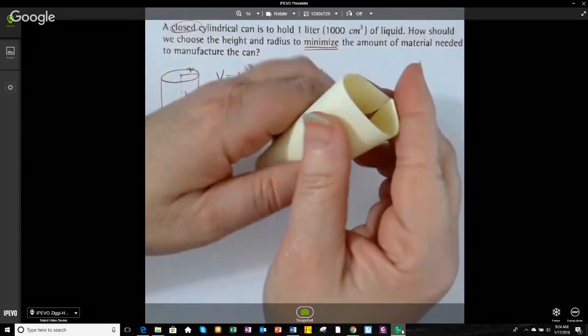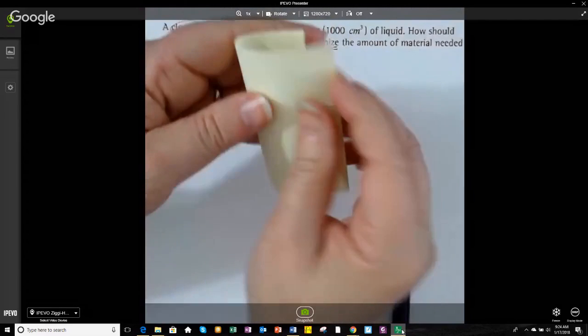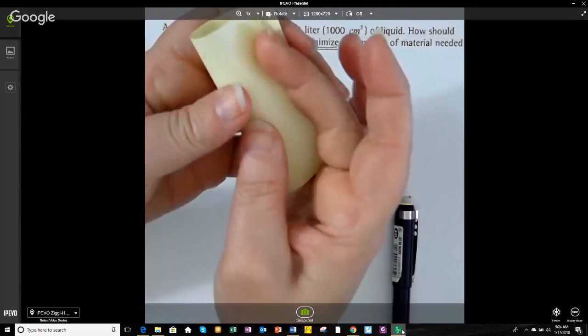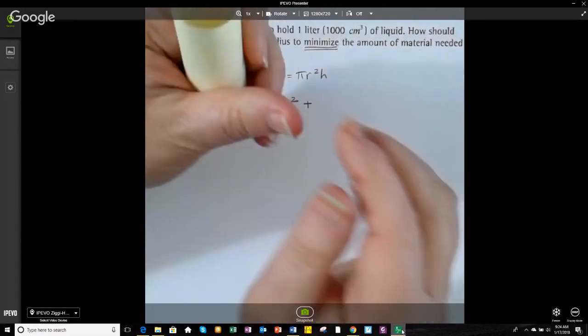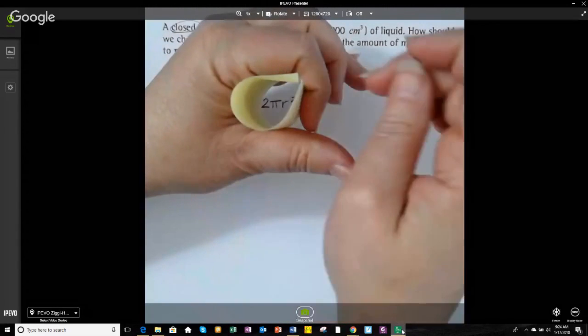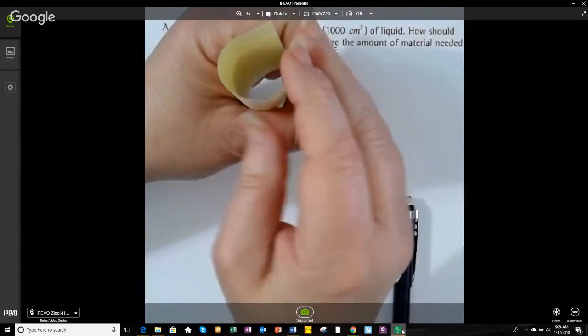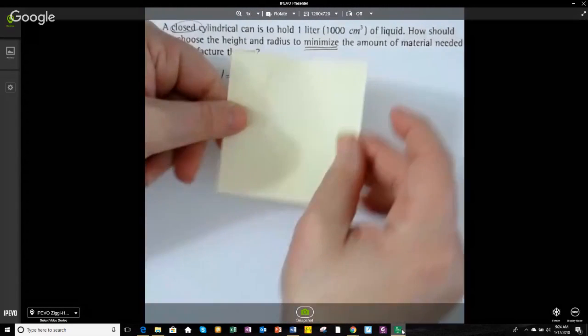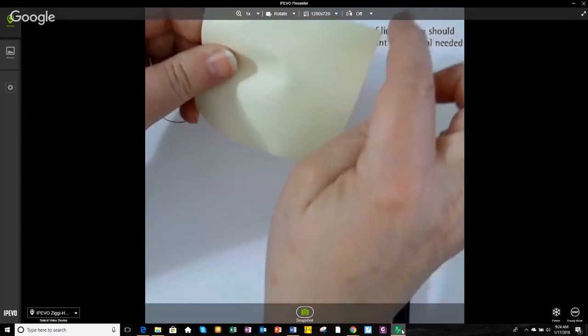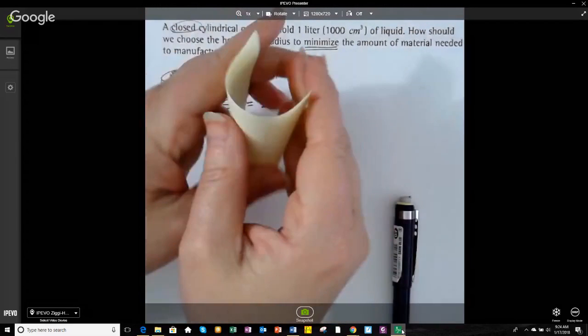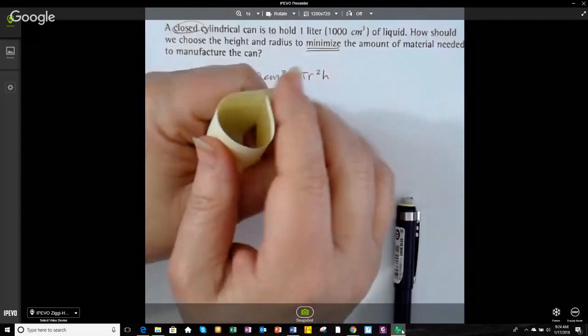Pretend that that's a circle. We're having fun. All right. And if I were to cut this circle down the seam here, it turns out to be a rectangle. Okay, so I need the dimensions of the rectangle, which are going to be this dimension and that dimension. All right, so what is that?